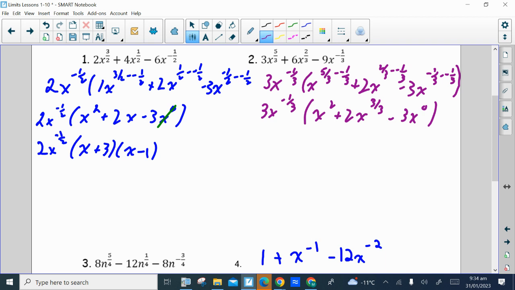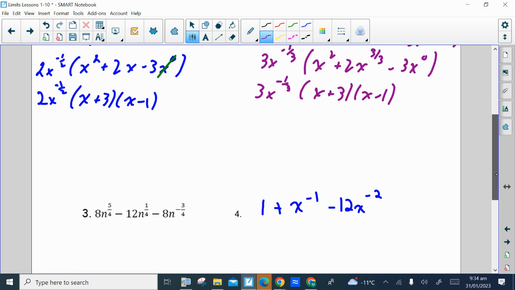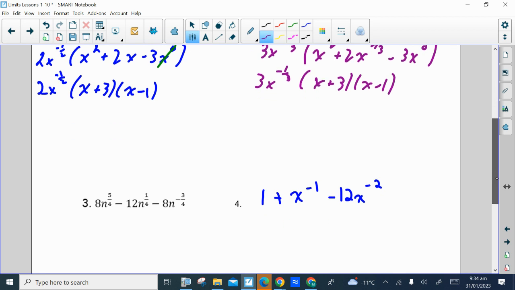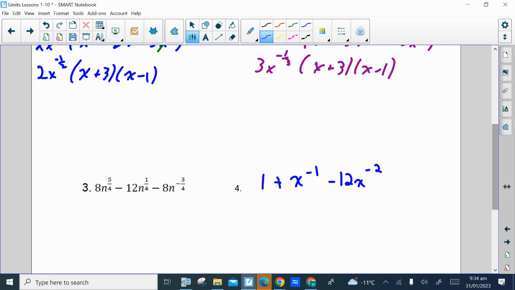So you get x squared plus 2x minus 3, which is the same quadratic we got in the last one. So it'll be x plus 3, x minus 1. That's just a coincidence. Got the same quadratic to factor, but the initial term is different.